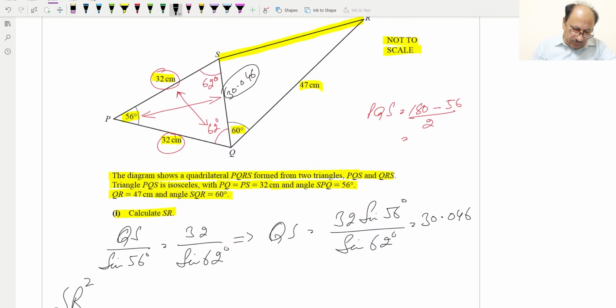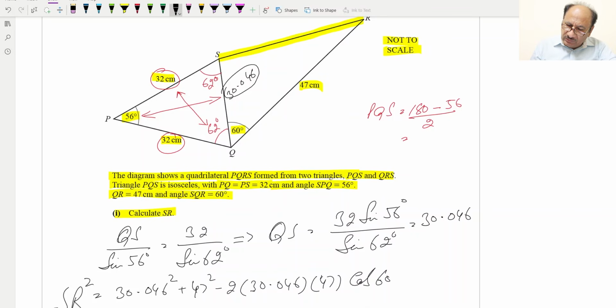SR squared will be equal to one side 30.046 squared plus the other side, which is 47 squared, and minus 2 into one side 30.046, and the other side is 47, and cos of the angle, which is 60 degrees.